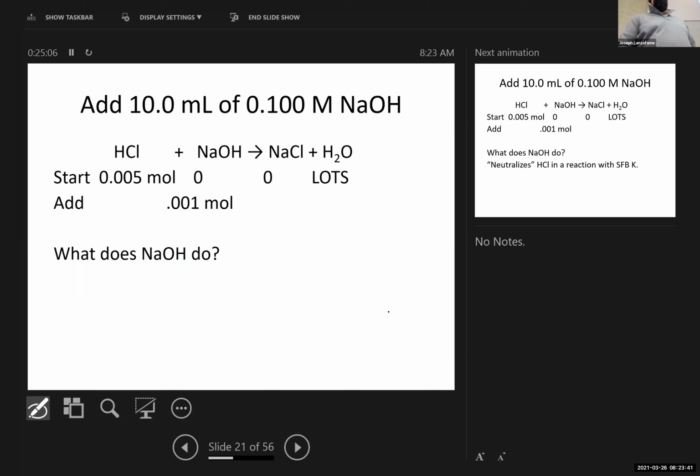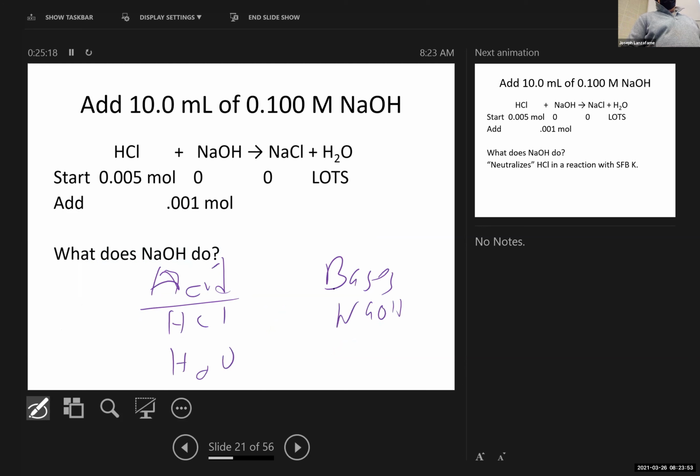Again, at this point, my analysis of the problem, which is always based on what are the acids and what are the bases, has changed because I now have 2 acids and 2 bases. And so technically there's 4 reactions. And so, hey, that's no big deal. I just do them in the order of K.